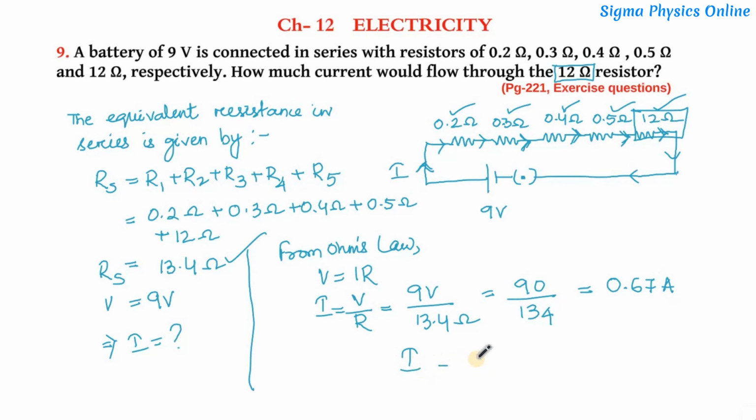So the current flowing across the 12 ohm resistor is 0.67 ampere, and this is the value of the current flowing through the entire circuit. That means the current over here is also 0.67 ampere. This is the answer to this question: the current flowing through the 12 ohm resistor is 0.67 ampere.